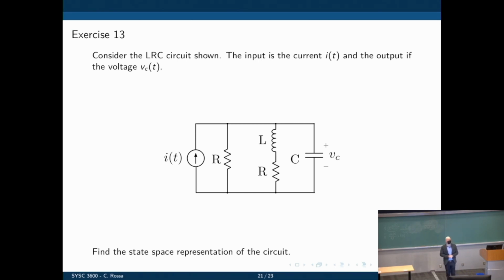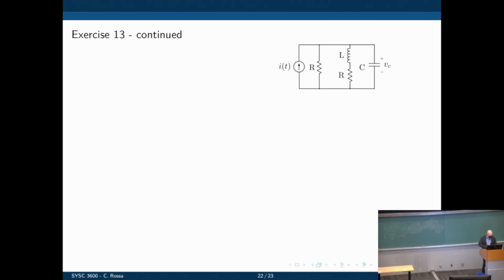Okay, so where do we start? What is the first step? First step is to define the state variables. And how many state variables do we need, first of all? How do we start that? What stores energy? Very good. And how many elements are storing energy here?